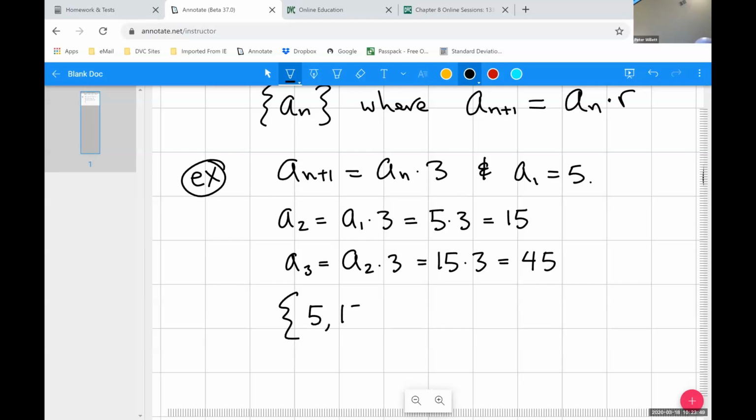So that would be 15, 45, 135, 405, I'll multiply 135 times 3, 405, 1215, etc. So this is an example of a geometric sequence. And again, the key property that makes a sequence geometric is that the way you get to the next term is to take the previous one and multiply by the same constant number every time.